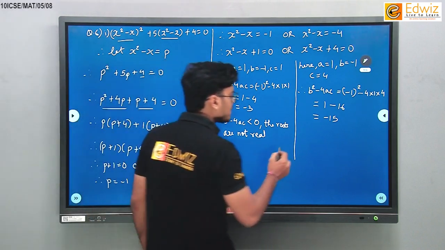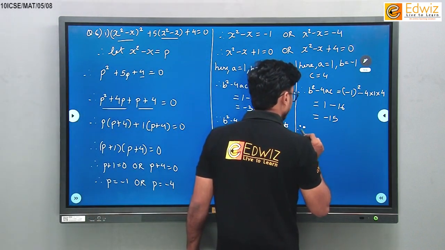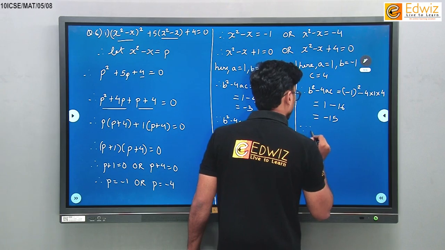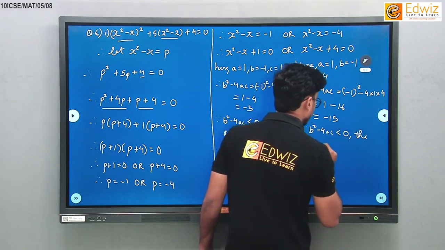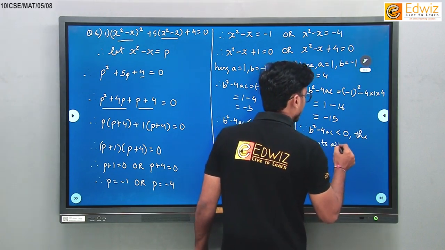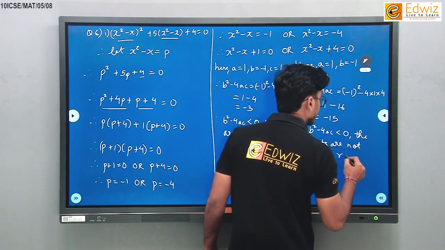So basically for the main equation itself the roots are imaginary, they are not real. Okay, so therefore, since b square minus 4ac is less than 0, the roots are not real.